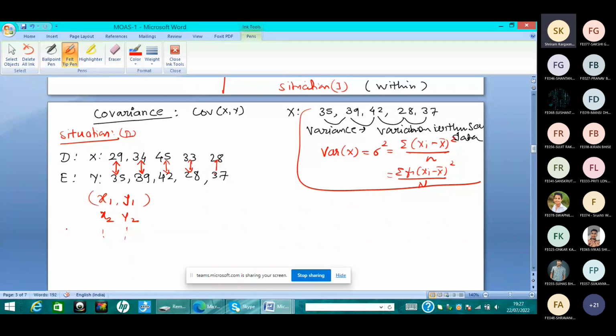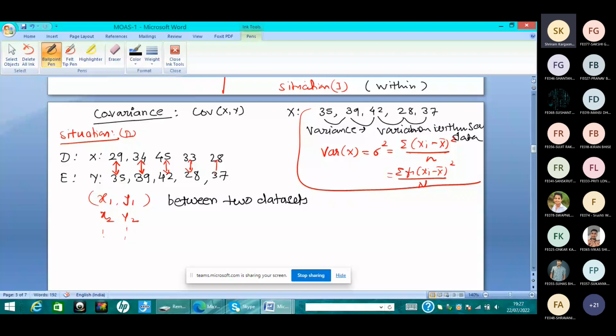So when you study the variation between two data sets, understand my word, between two data sets, then it is called the covariance. Co means some another variable is there.